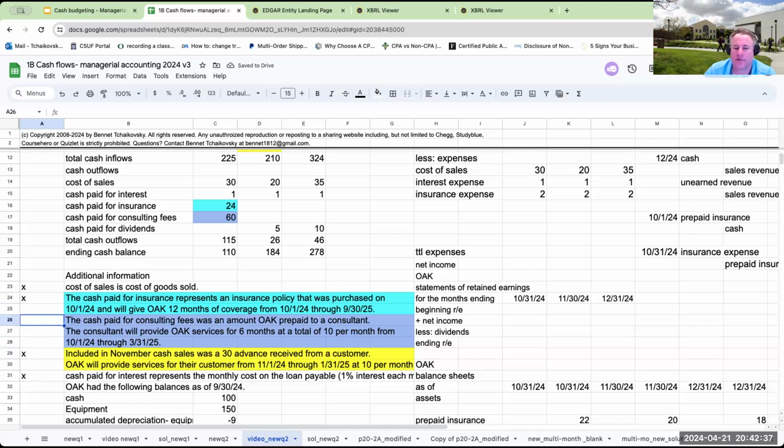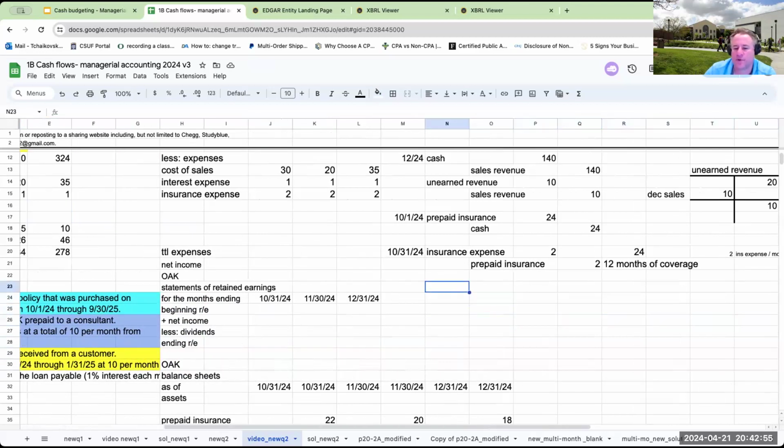Now let's take a look at the consulting fees. The cash paid for consulting fees was an amount that we prepaid to a consultant. The consultant will provide us services for 6 months at a total of 10 per month from October 1st through March 31st. So for this one over here, right, we're going to have, let's see here.